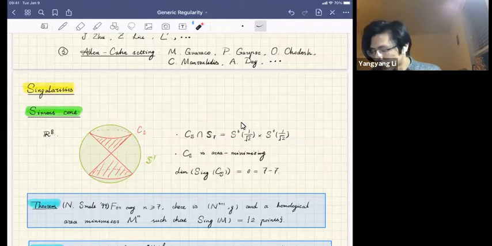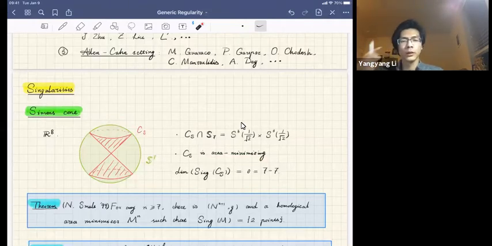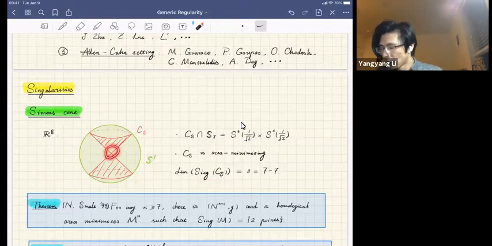And it is shown that C_S is actually an area minimizing cone. So it's more than minimal, it's also area minimizing. And it's easy to see that in this picture, the only singular set is the origin here. So the dimension of the singular set is 0. So it's 7 minus 7.